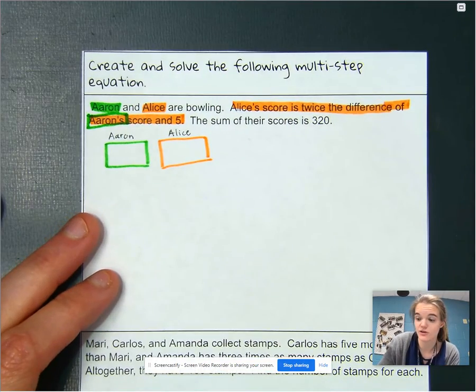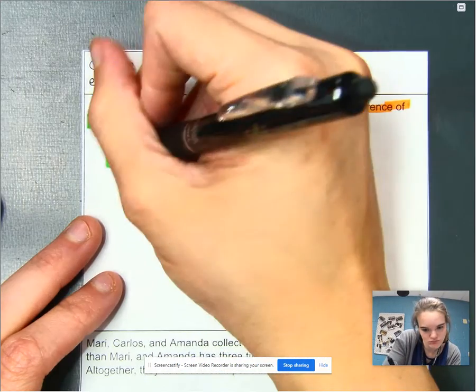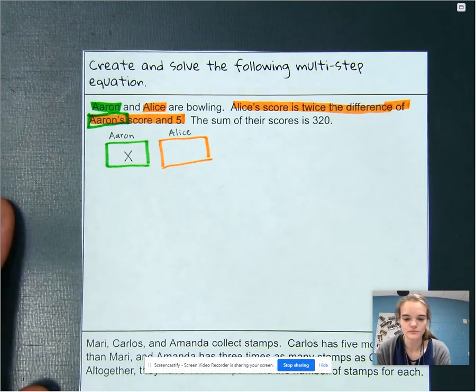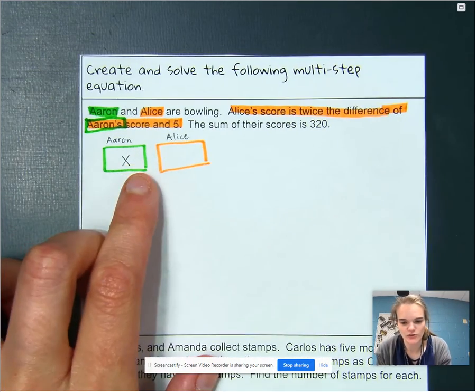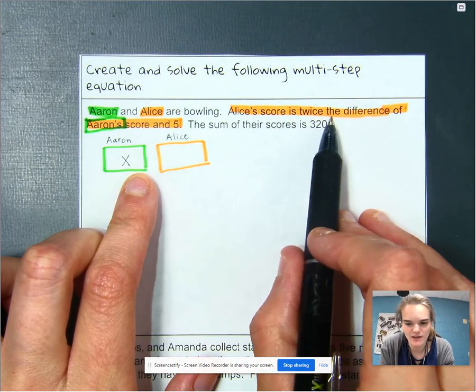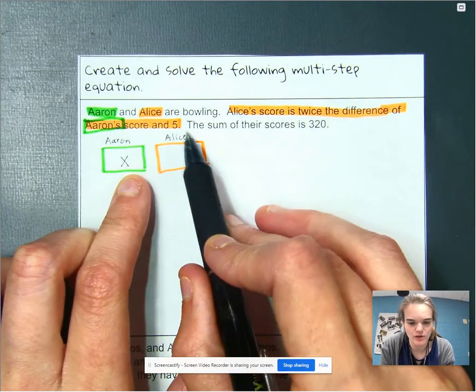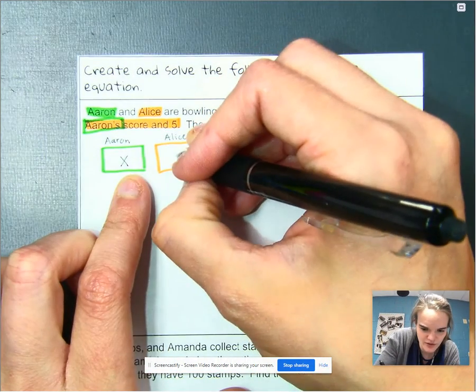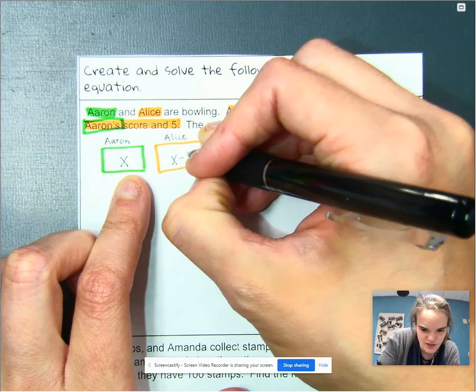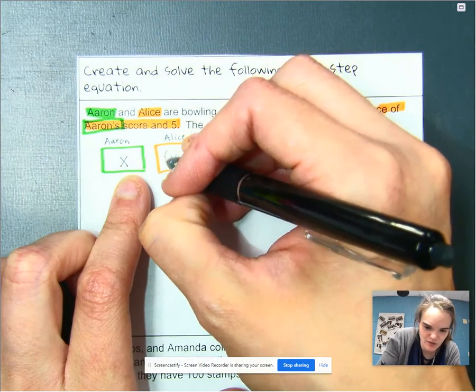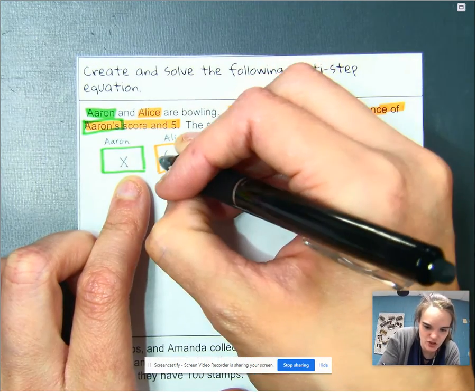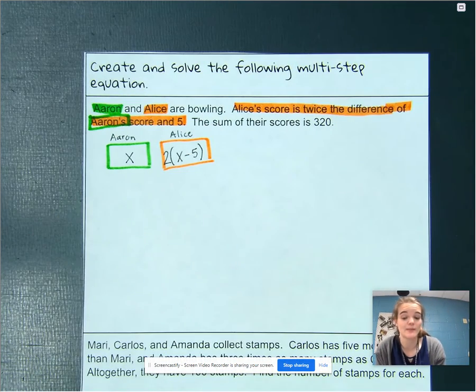So let's say Aaron's score is X then, okay? All right, so Aaron's score is X. So Alice's score is twice the difference of Aaron's score and 5. So Aaron's score is X minus 5, and it says it's twice that. That means we need to have parentheses around that. It's twice, meaning 2 times that.